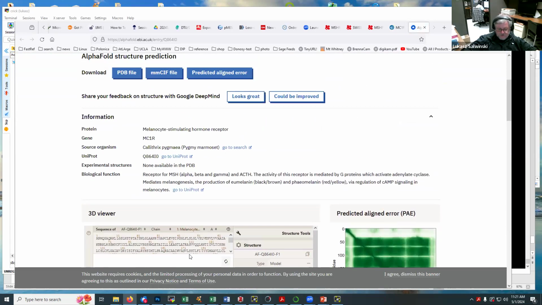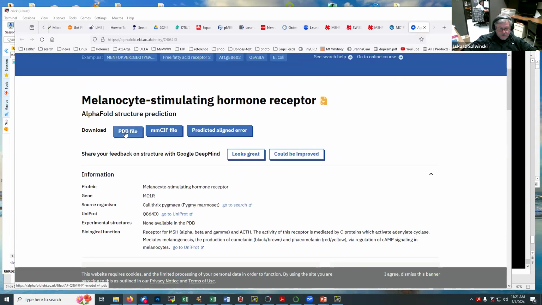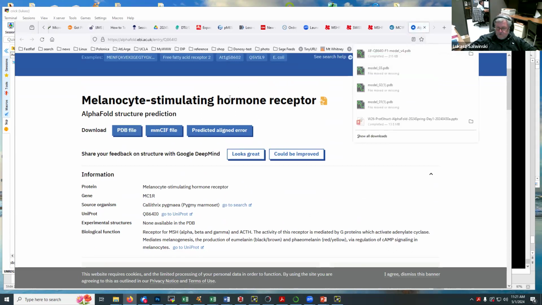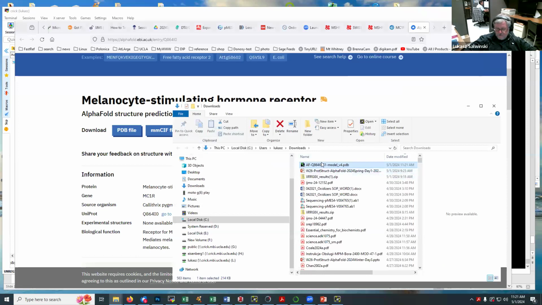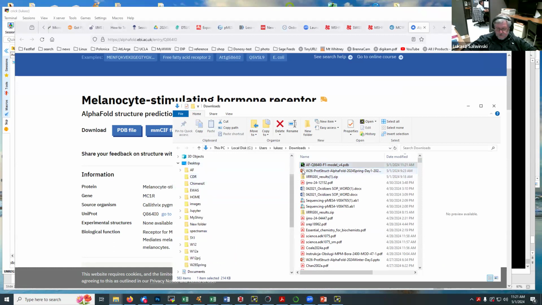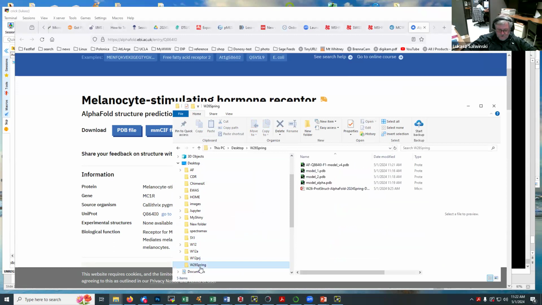We're going to go over this tomorrow, but for the moment I'm just going to grab the PDB file with the model coming from AlphaFold, and then drop it into our desktop, into the directory.